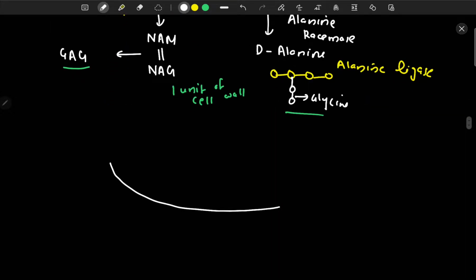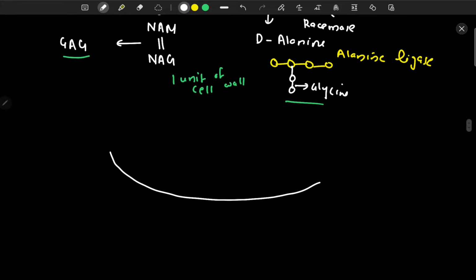So that is 1 unit of cell wall, and this 1 unit of cell wall is transported outside the cell membrane. Here you can see this is a cell membrane, and it is transported by a lipid transporter named bactoprenol.